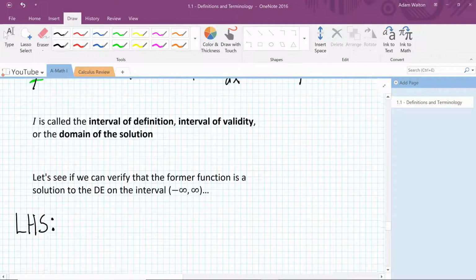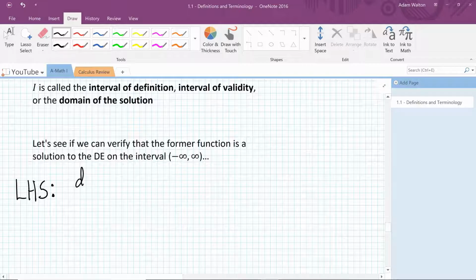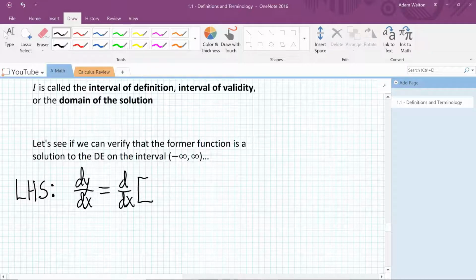All right, so let's see, we had dy dx on our left-hand side. So dy dx is equal to the derivative of our solution function y, which was e to the 0.1 x squared.